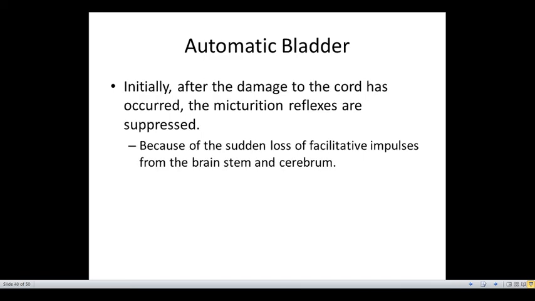Initially, after the damage to the cord has occurred, the micturition reflexes, like other reflexes, are suppressed because of the sudden loss of facilitative impulses from the brainstem and cerebrum.